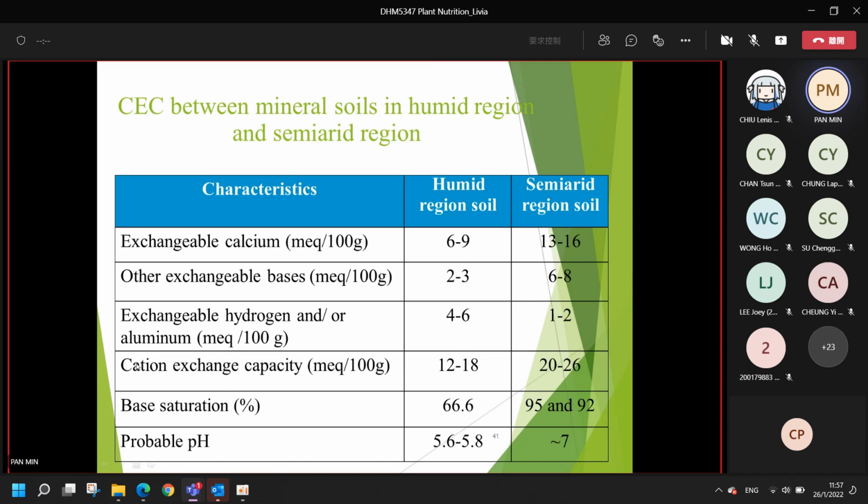And also you can see that the CEC, as the second one, milliequivalents per 100 grams of cation, shows a higher CEC in the semi-arid region soil.